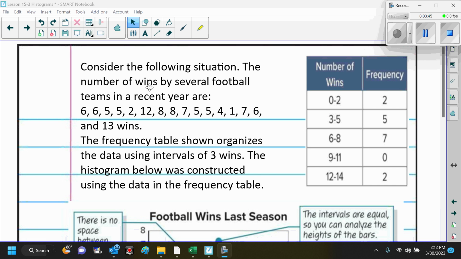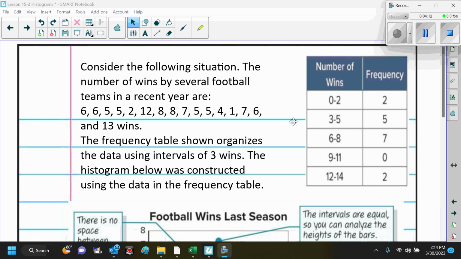It says, the number of wins by several football teams in recent years are as follows. Okay, so here's the wins. And don't forget this number 13 down here. The frequency table shows this organized data using intervals of 3 wins. The histogram below was constructed using the data in the frequency table.